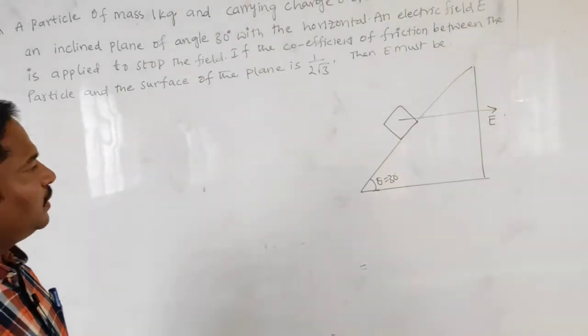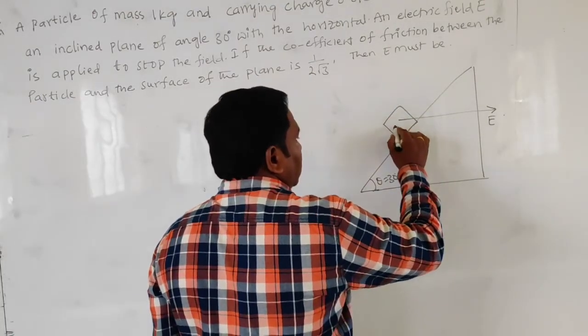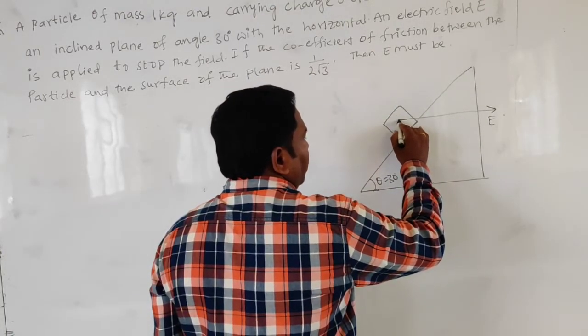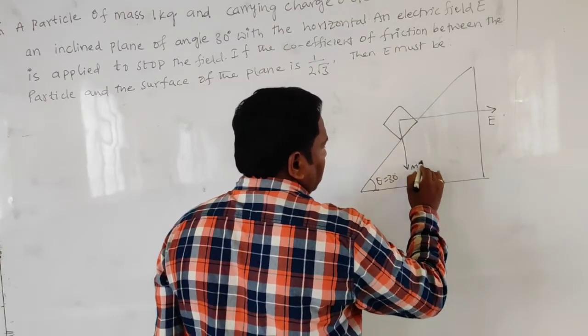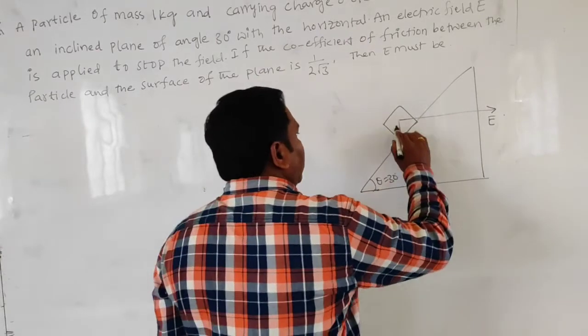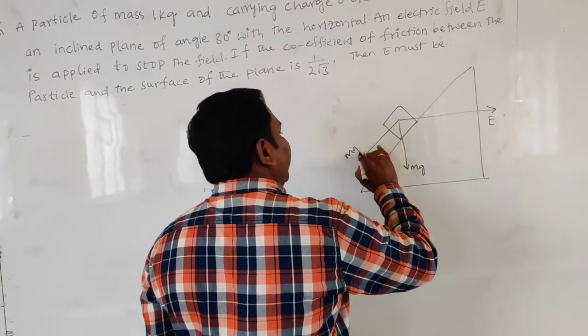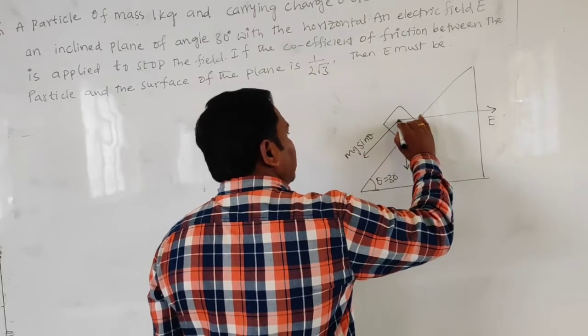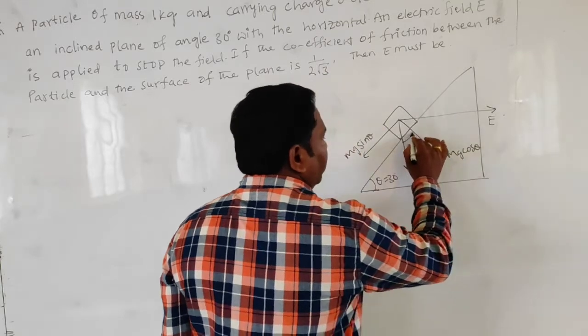So first, here this is the particle of mass, mg in this direction. So in this direction mg sin theta, in this direction mg cos theta, it makes angle theta.